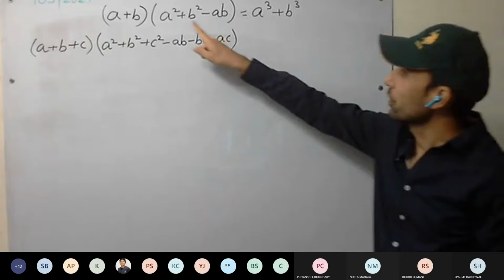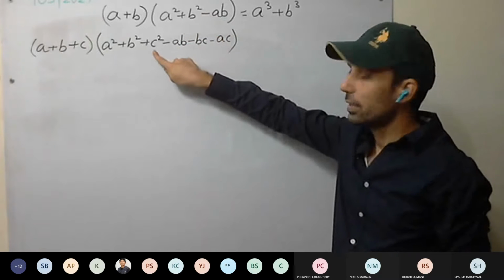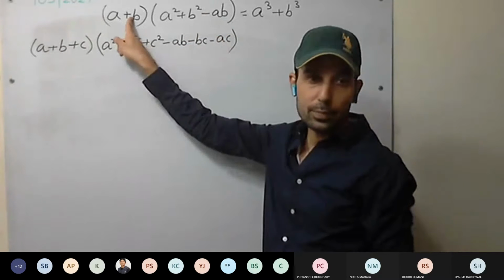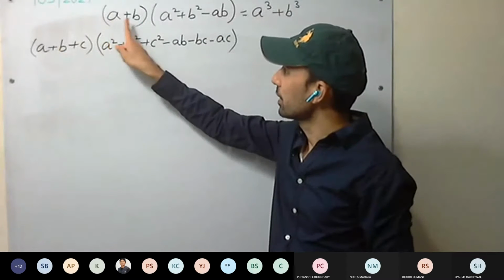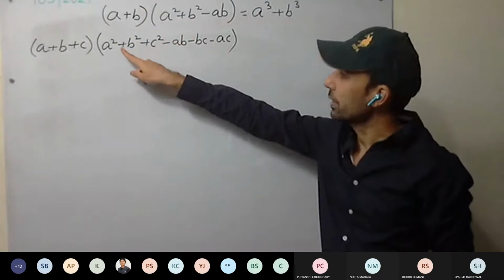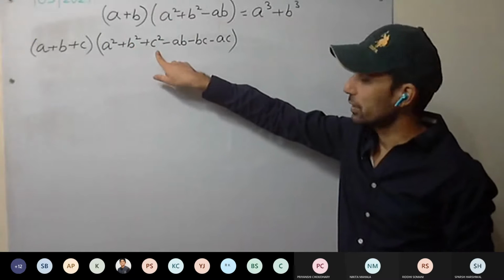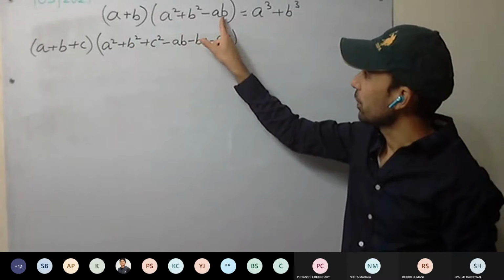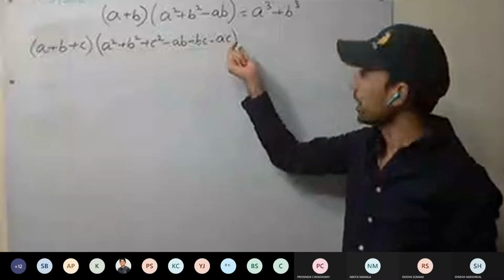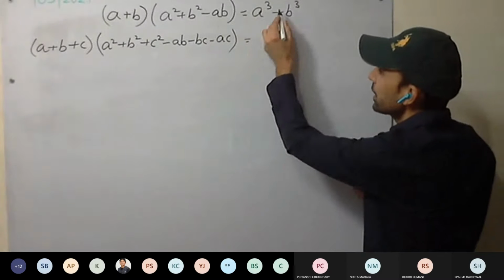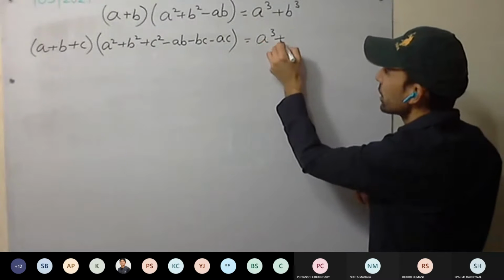Understood this one? If you remember this one, you can derive this one: (a plus b plus c)(a square plus b square plus c square minus ab minus bc minus ac), and on this side the cube of all three.